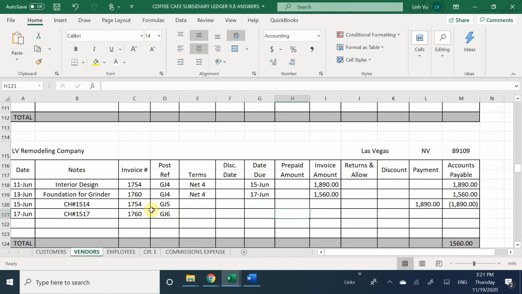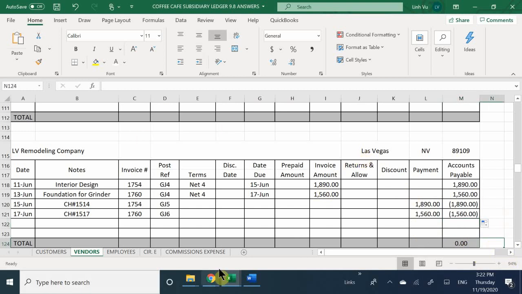And we'll just do today. So we go to the payment column and put in the 1560. And there you go. You owe them nothing now. When we enter in our formula, it says that we made a payment, so a negative 1560, reflecting my grand total at the bottom to be 0.